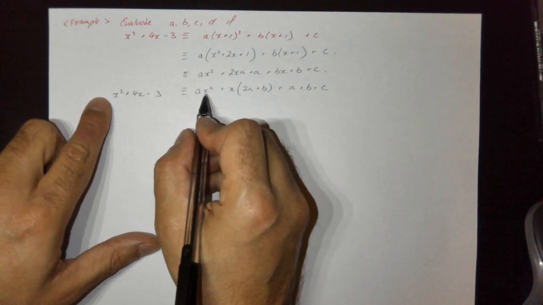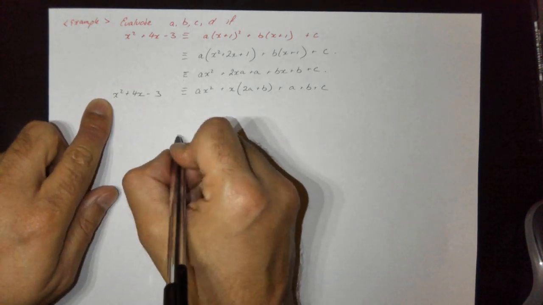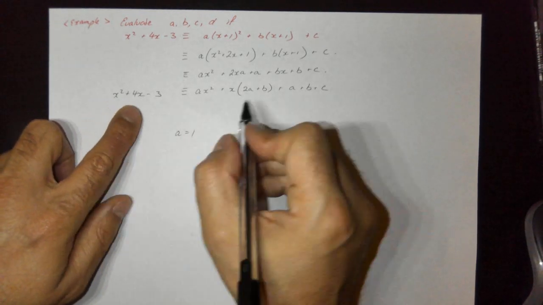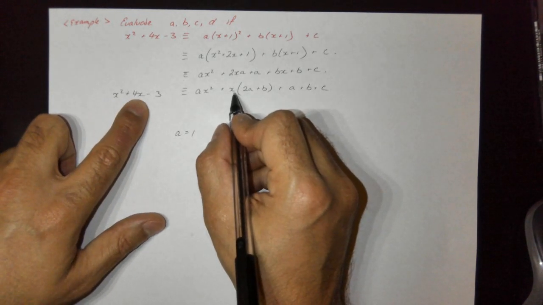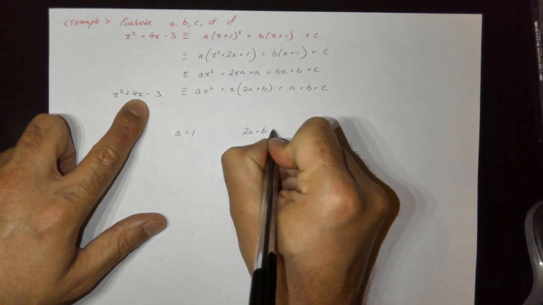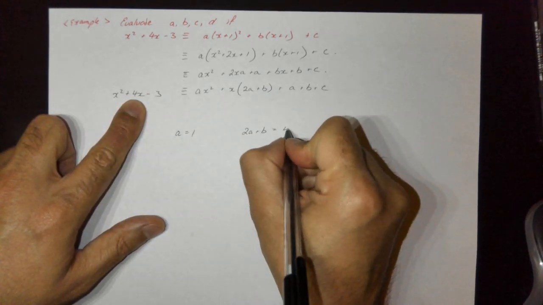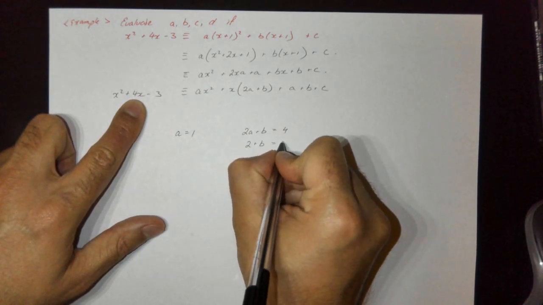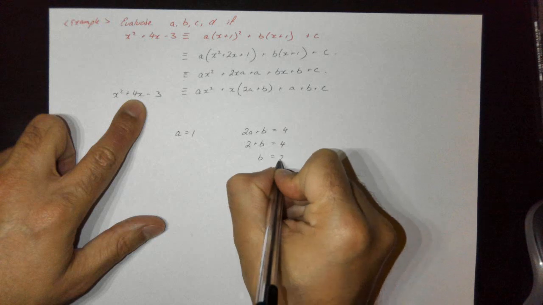So x squared here is 1, so a must be 1. So the coefficient of x is actually 2a plus b, and that equals 4. Now we know that a equals 1, so that's 2 plus b equals 4, b equals 2.